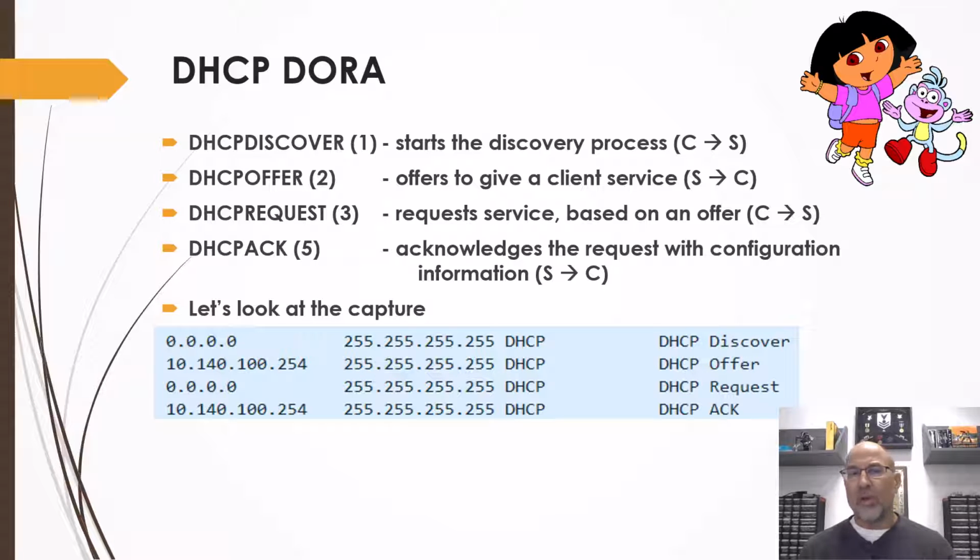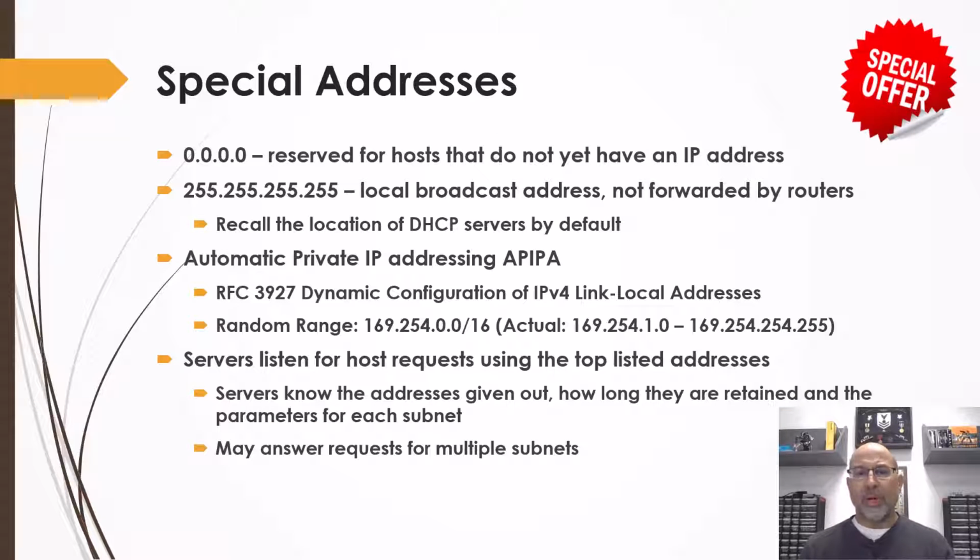So now you can see why we call it the DORA process, and we can see which directions they go in. So a little bit more about those special addresses. 0.0.0.0 is reserved for hosts that don't have an IP address. Now there's one other place that we see this, in a default gateway line in a routing table. These are two different things. So one is an IP address that you would actually see in an IP packet, and one is a routing table entry.